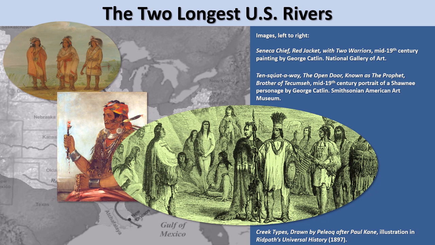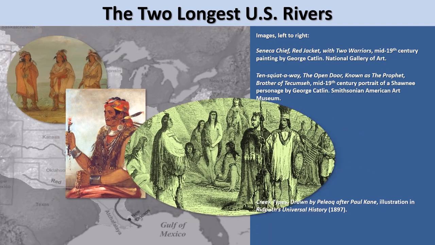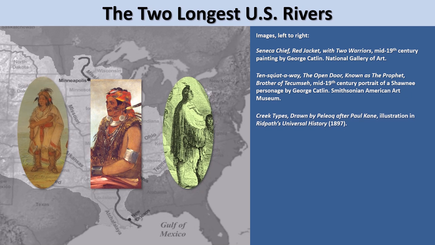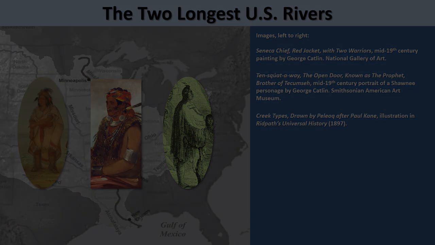These conflicts also fed into the War of 1812. Years later, after the war ended, many of the Native American tribes that had been allied with Britain were forced into reservations west of the Mississippi River.